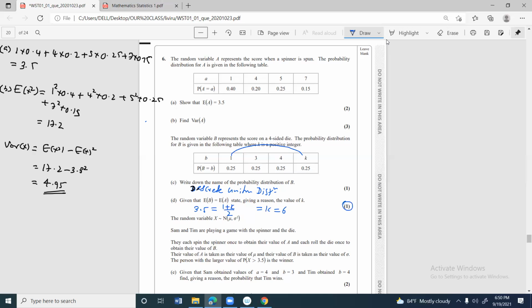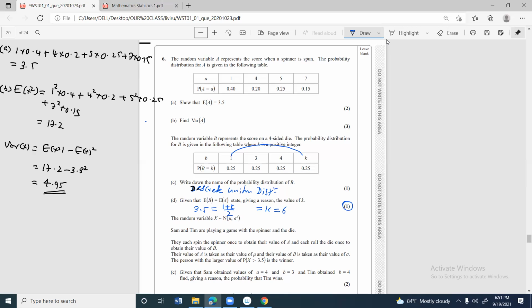Okay. The random variable X has a normal distribution of mu and sigma squared. Sam and Tim are playing a game with the spinner and the die. They each spin the spinner once and obtain the value of A. Each rolls the die once and obtains the value of B. The value of A is taken as their value of mu, and the value of B is taken as the value of sigma.